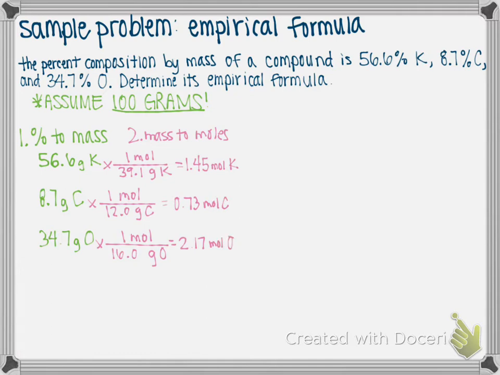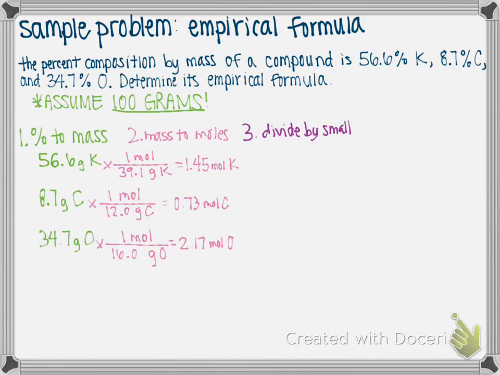Alright, step 3. So we did percent to mass, we did mass to moles. Your step 3 is divide by small. I'll do this in purple. So what you're doing is you're looking at your three numbers, 1.45, 0.73, and 2.17.